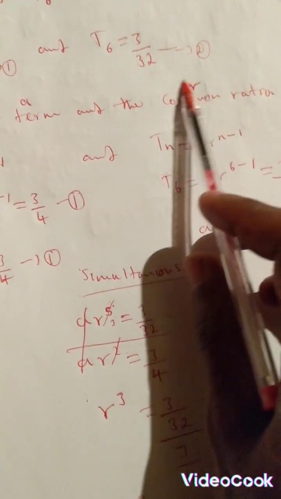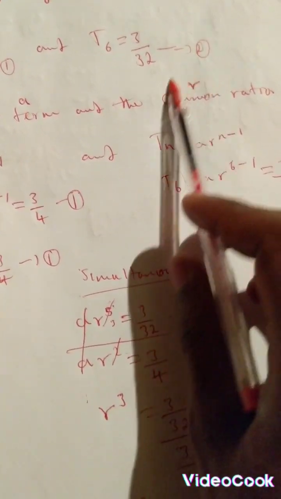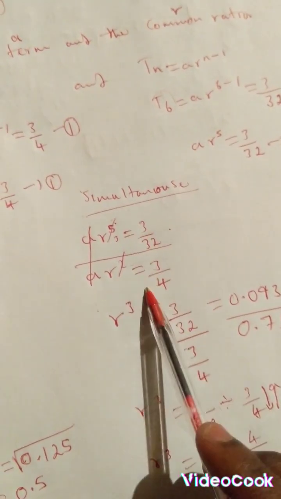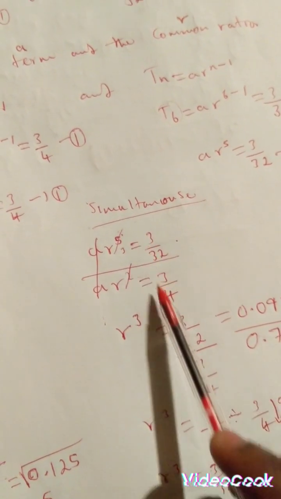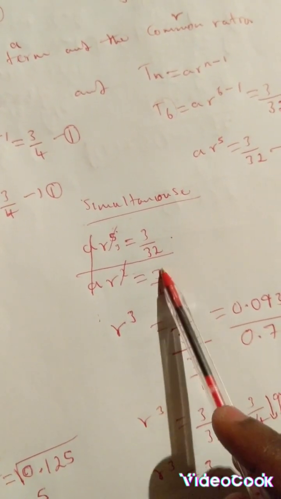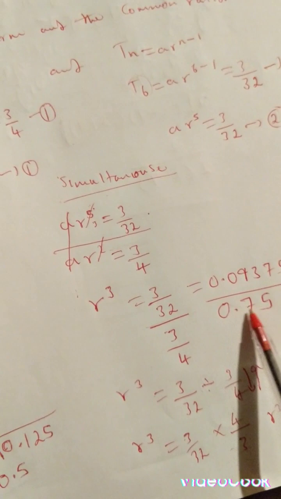Now here they had said we need to find the value of what? The first term and the common ratio. We have just found the common ratio, but we need the first term. So for you to find the first term, you go to the equation that we made. If you want, you can use this one, or you can use this one. And don't forget, this one, when you divide, will give you 0.75.